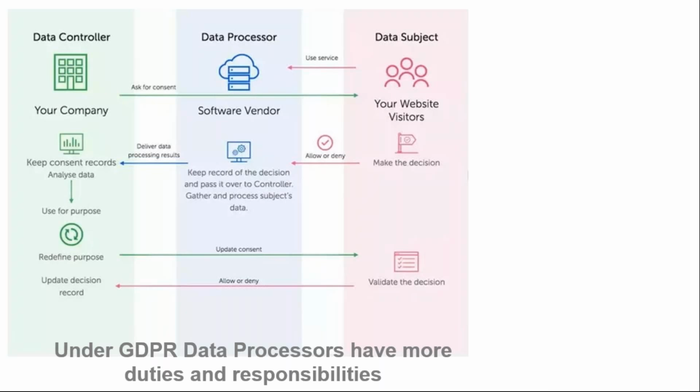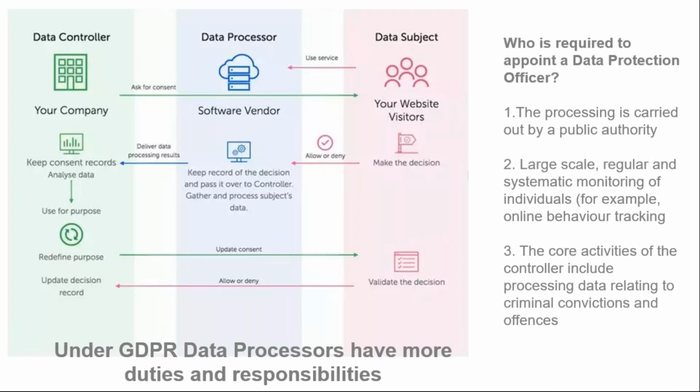The other thing I'll talk about just very briefly is you may have heard about data protection officers. And again, I've seen a bit of a myth doing the rounds on LinkedIn that all companies need to have a separate data protection officer. That's not true. Again, there's an ICO website, more details on this. But there will be some people processing carried out by the public authority. It might be large scale, systematic monitoring of individuals, so behaviour tracking, things like that, you would need to have one.